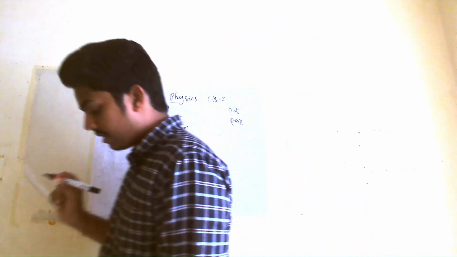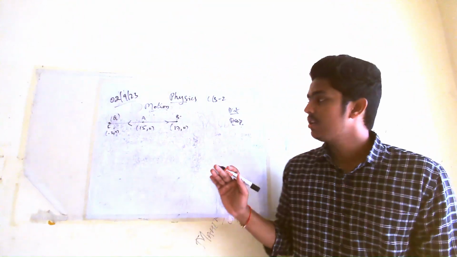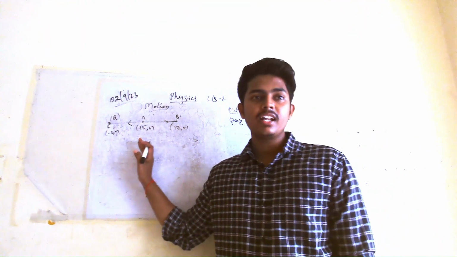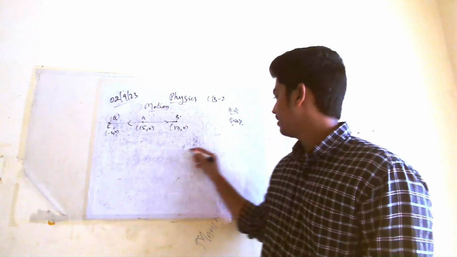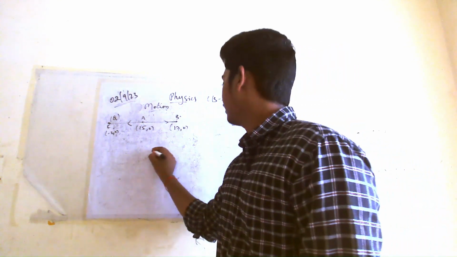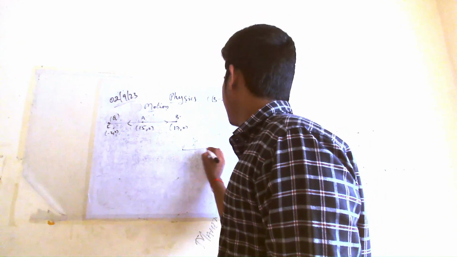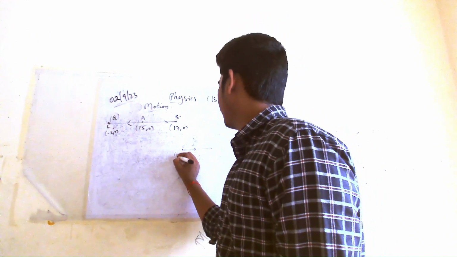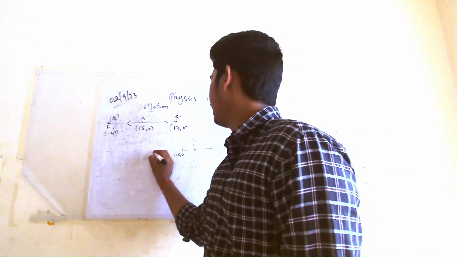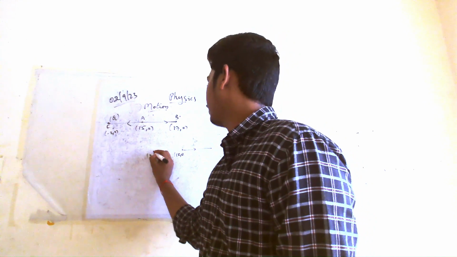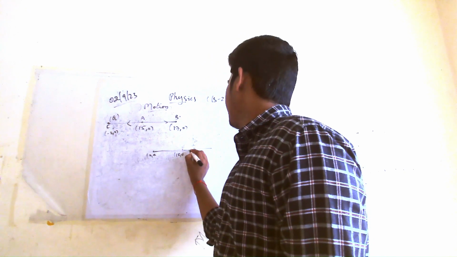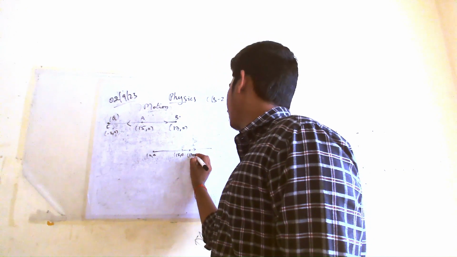Let's solve this question. Before going to the actual solution, just think of this. This particle is on the x-axis. Let's say this is the x-axis. First it's going in the positive x direction at 15, 0. Let this be our origin, and immediately next to that there is 17, 0.